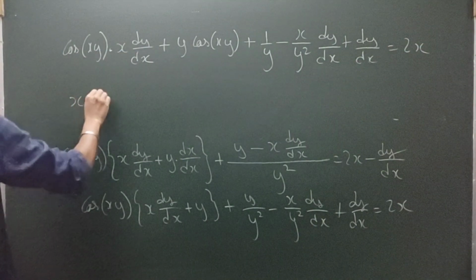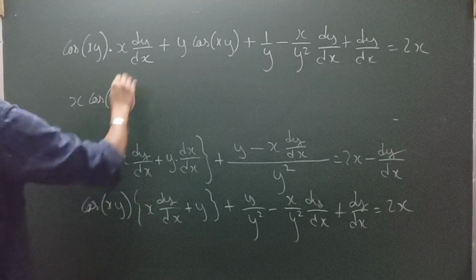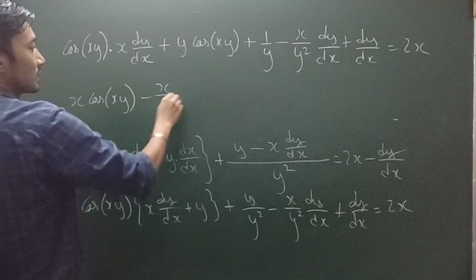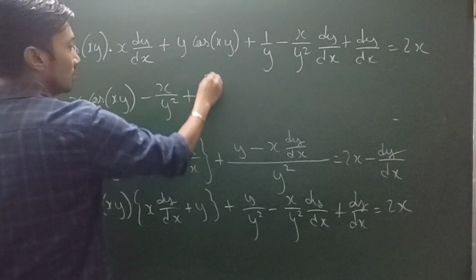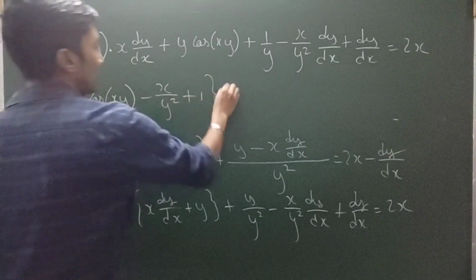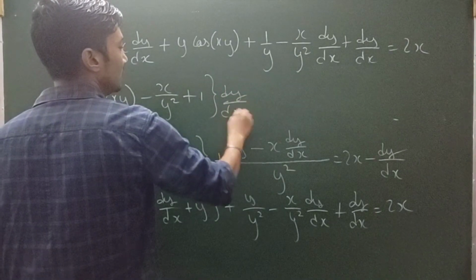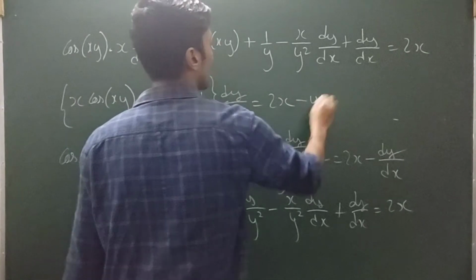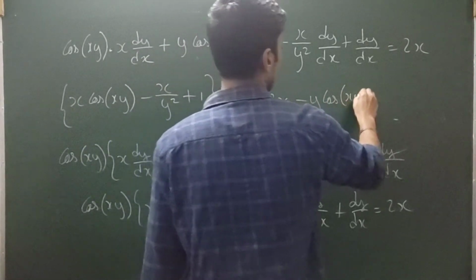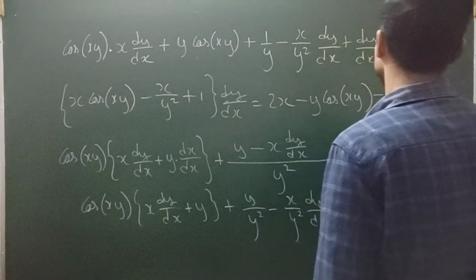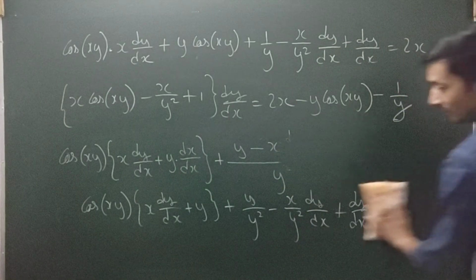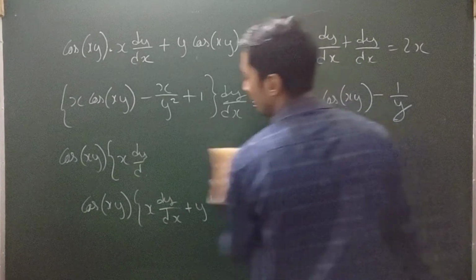Is x into cos xy, dy by dx everywhere, minus x by y square plus 1, common dy by dx is equal to 2x. This will go minus y cos xy minus 1 by y. Done, done. Rubbing, erasing.